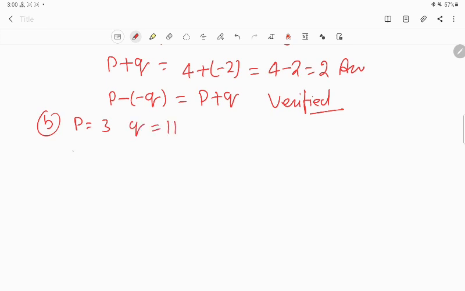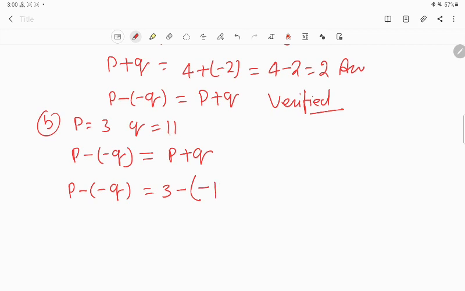So the verification question given is P minus Q is equal to P plus Q. So P minus Q is equal to, putting the values of P and Q, 3 minus 11, that is minus 8, and P plus Q, 3 plus 11, is 14. Both sides are the same, so it is verified.